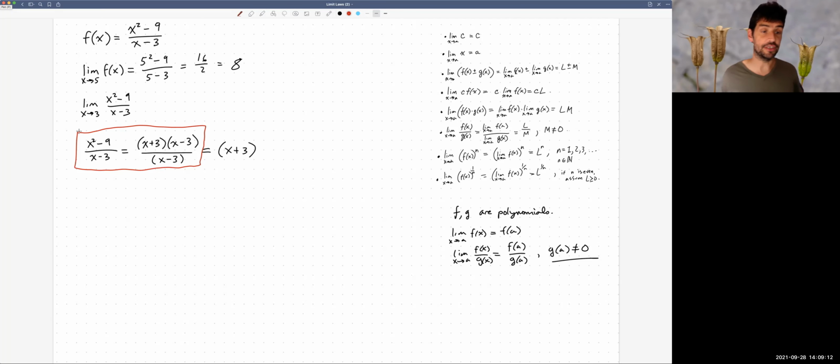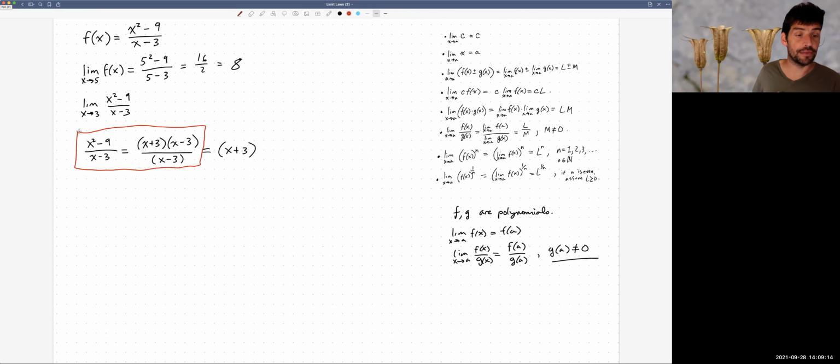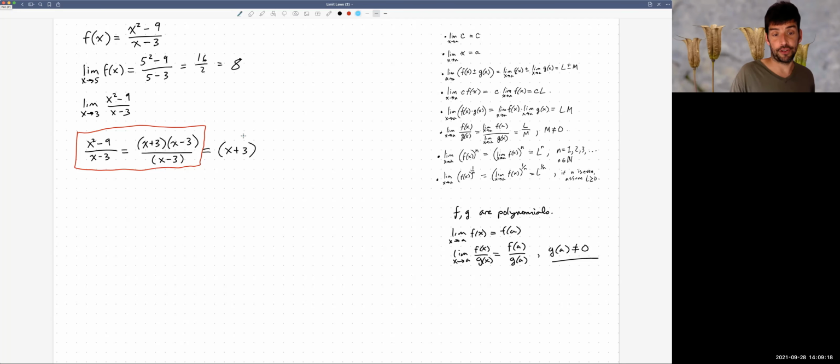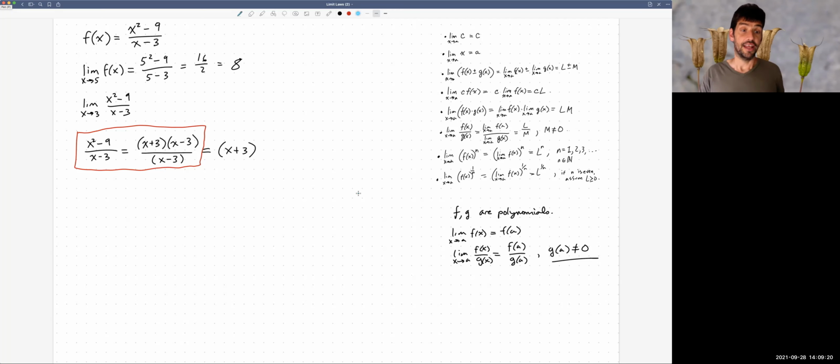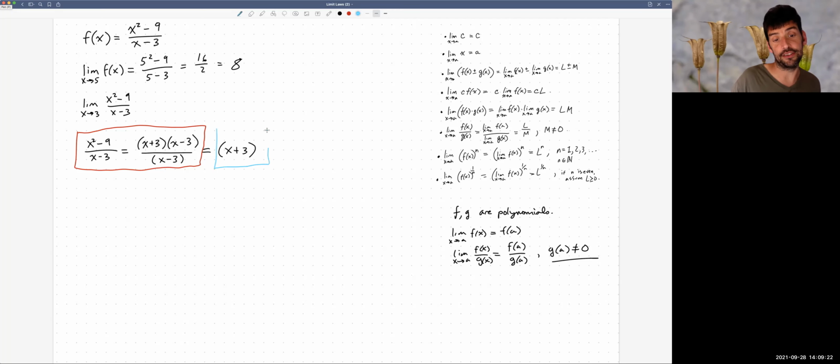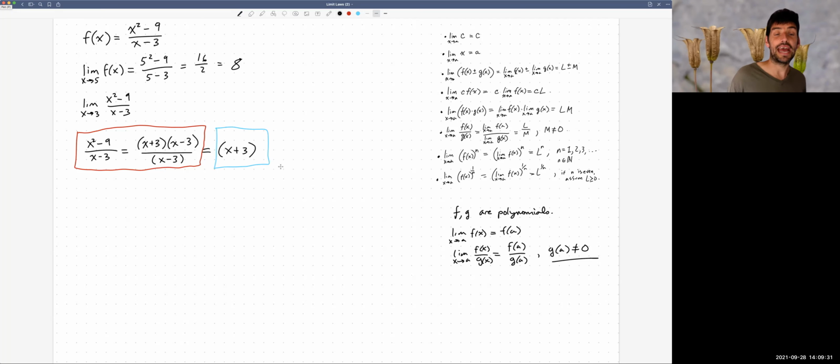If I put 5 into both of them, 8 will come out. It doesn't matter which way I've written it. And you'll notice that if I put 5 into this one, 8 also comes out. This one, though, is different than these two because this one can't be evaluated at 3. So these two things are only equal when x is not equal to 3.